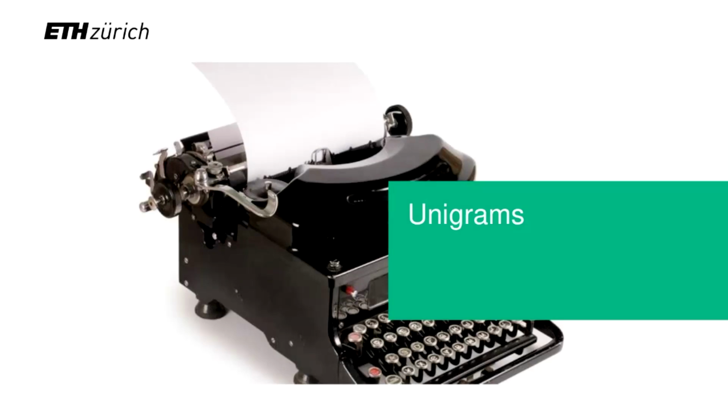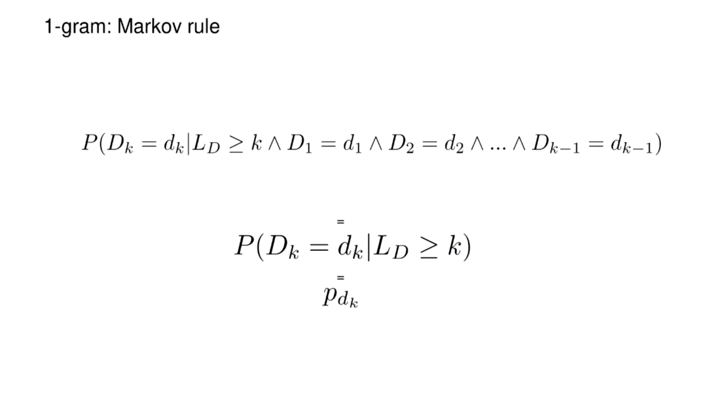So it basically means that we only look at 1 word at a time. We don't even know what the past was. We just keep rolling a die. And so that means that the probability for the next word, so now I'm at position k, the probability of the next word to be a specific dk is in fact not going to depend on the previous word.